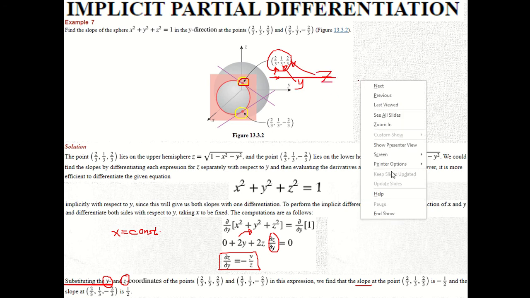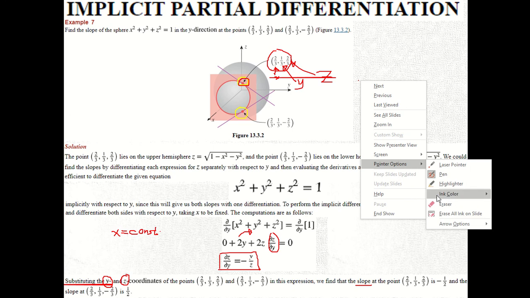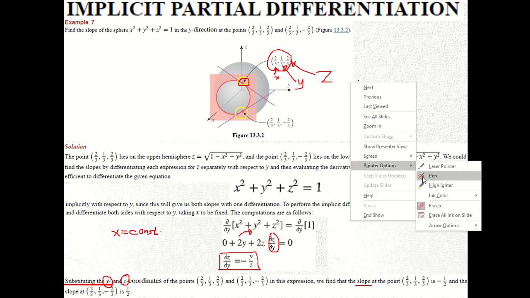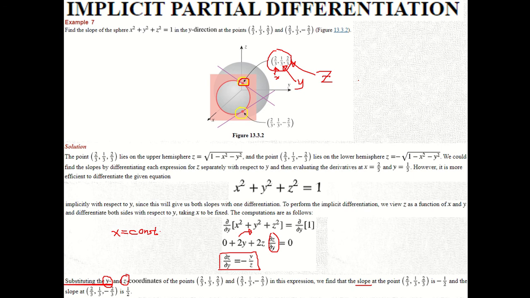So substituting those values, we get the slope for the point on the upper hemisphere, which is equal to negative 1/2.